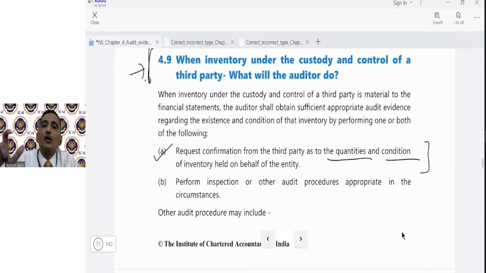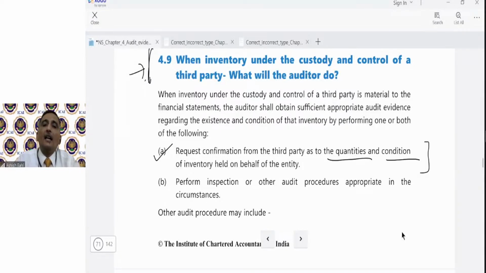So either he would ask the third party जिसके पास स्टॉक पड़ा है that you please confirm us what is the stock you are holding on behalf of this company, what is the quantity you are holding and what is its condition, that these are in good condition. You can take a confirmation letter from that job worker. So it would serve as evidence that so much stock is lying with the job worker as on a particular date.